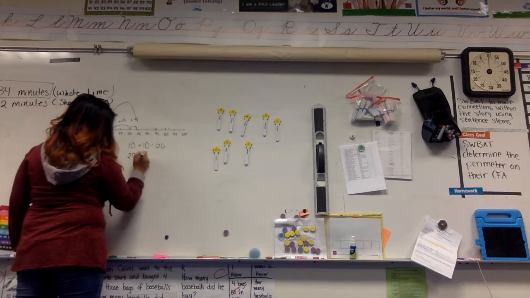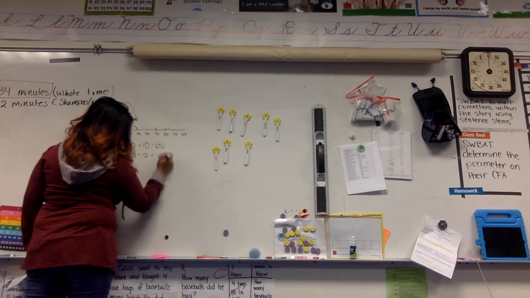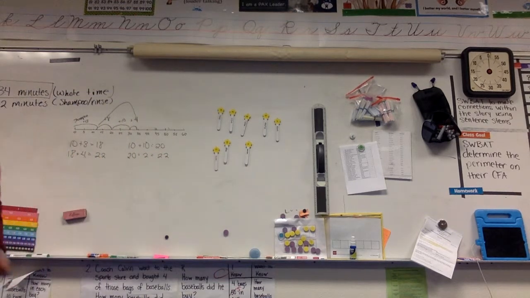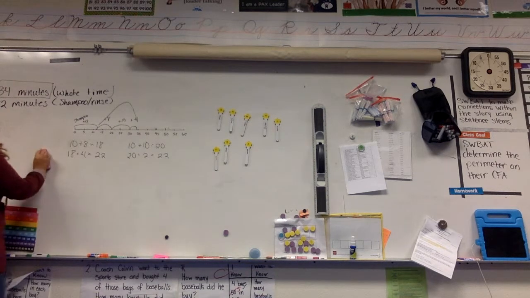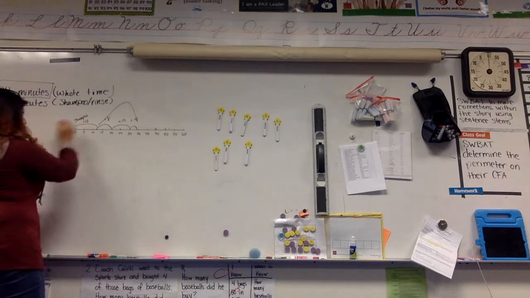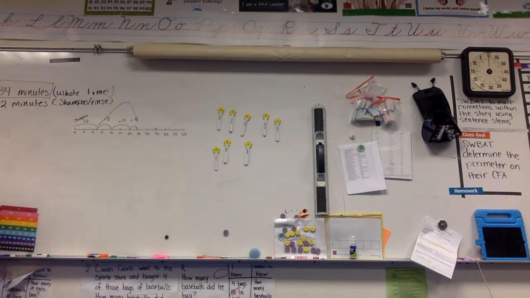So I did 20 plus 2 equals 22. That's the way you did it? Okay. As long as you are doing your subtraction right, I don't have a problem with you doing it, but this is the way to do it if you are better at adding. I just want you to be successful, okay?